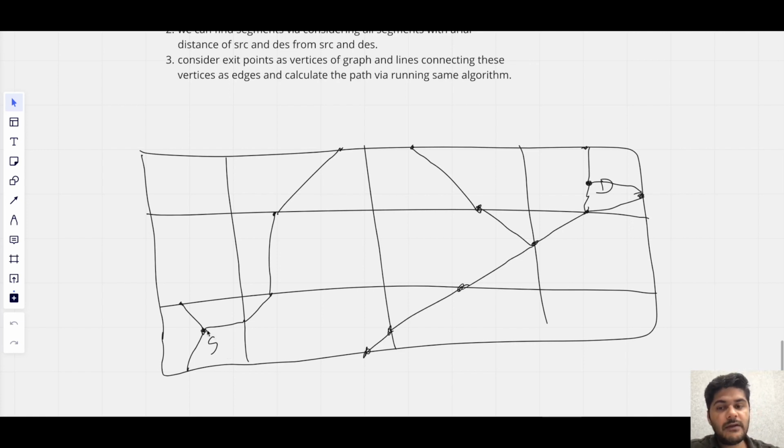So first I have to reduce the number of segments, and then I will consider these exit points as my vertices in the graph where I can run that algorithm.